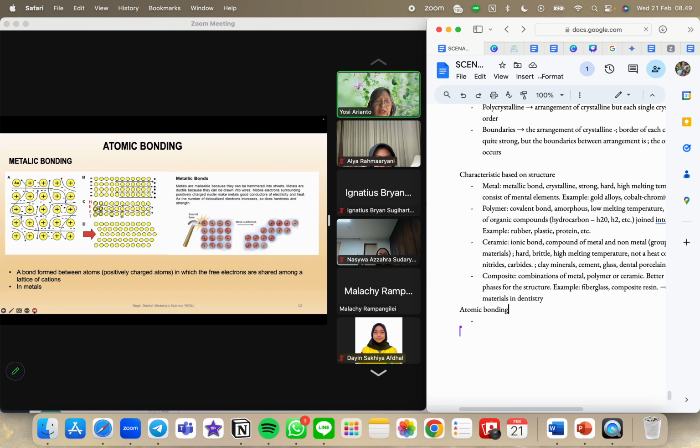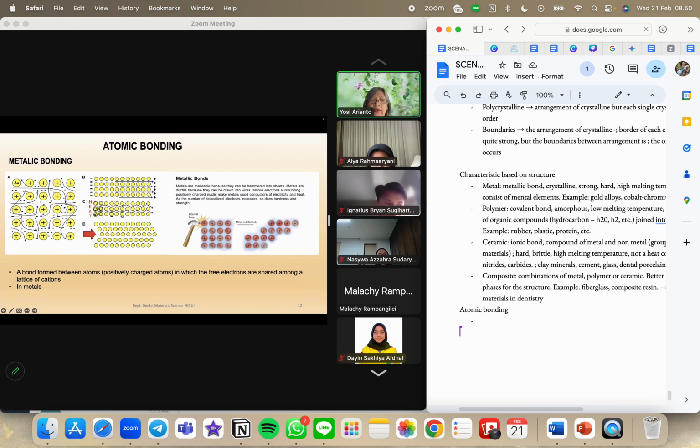This is a bond in which the free electrons are shared among lattice cations. Yeah, so you can see here an arrangement of atoms like this. It's very ordered.